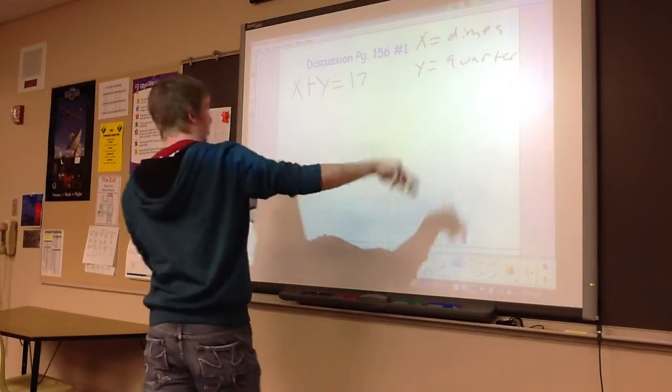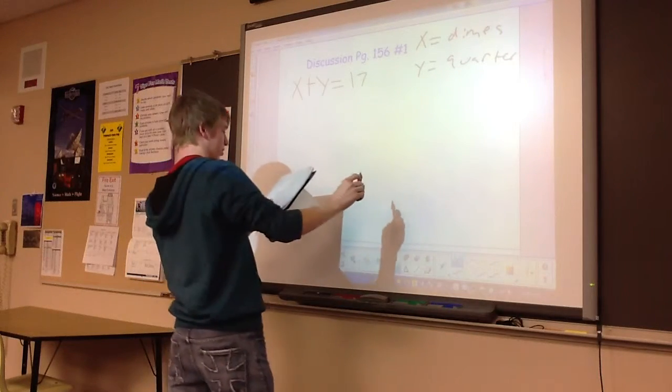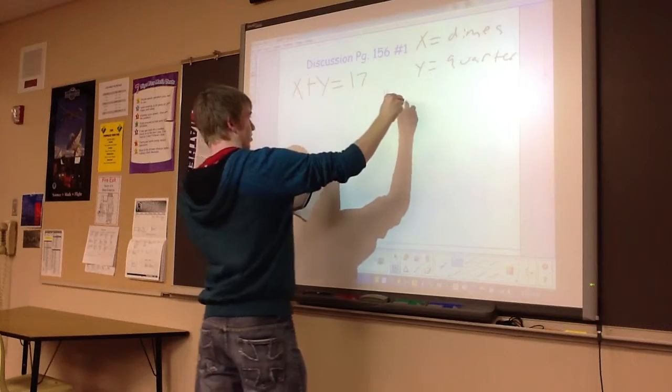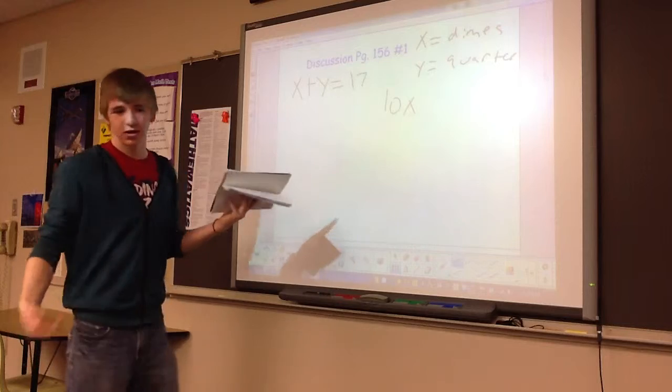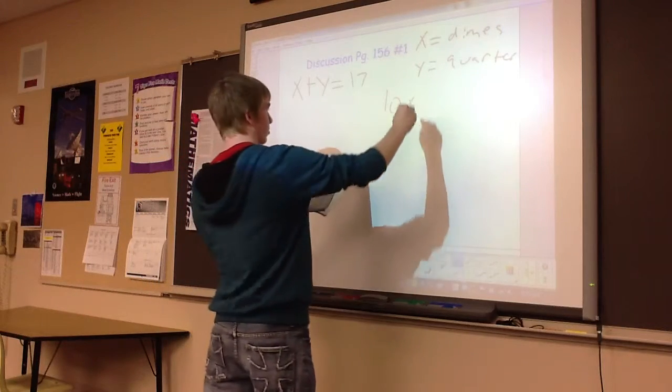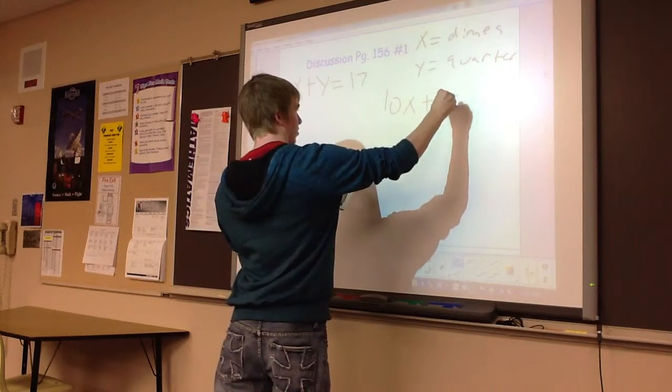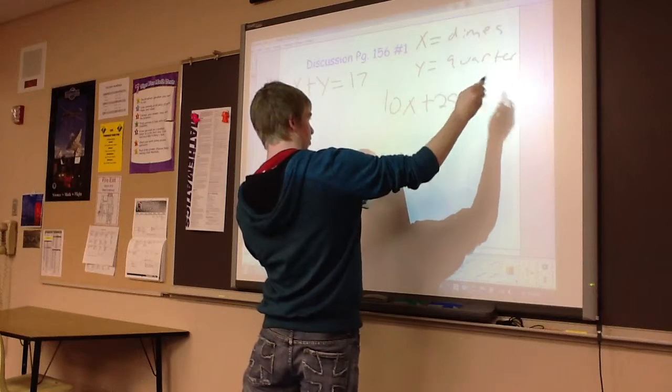The other one is 10x, because he has a total of $3.35 in his pocket, and dimes are 10 cents and quarters are 25. And so I just multiplied it all by 100 to make it whole numbers.